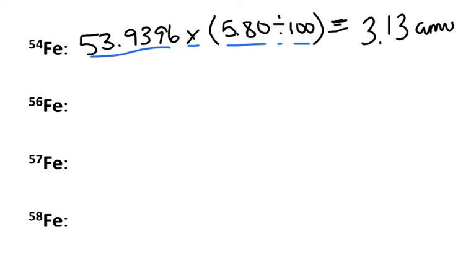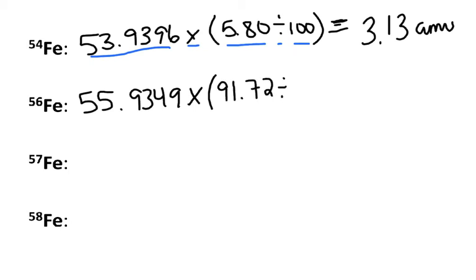Okay? So let's do the next one. The next one would be 55.9349 times, and I'm going to put it in parentheses, 91.72 divided by 100. When I do that math, I get 51.30 AMU.